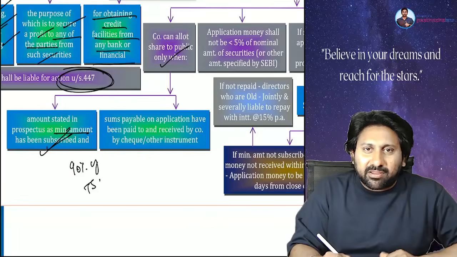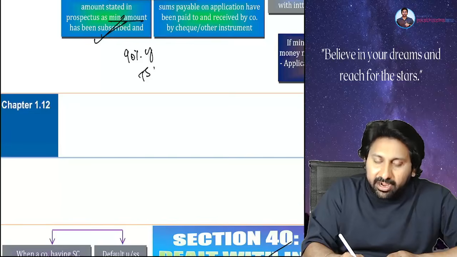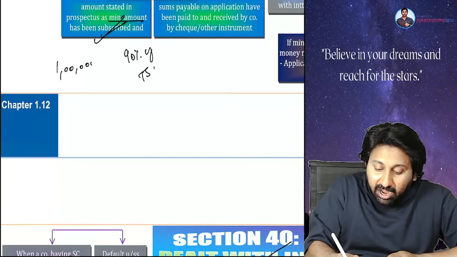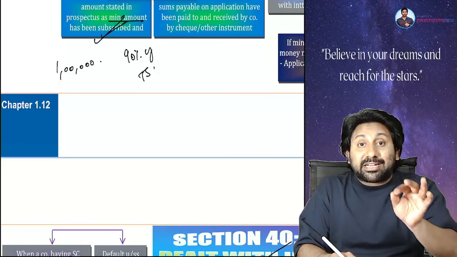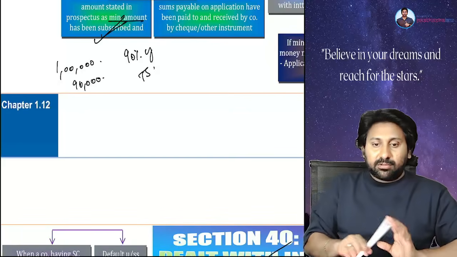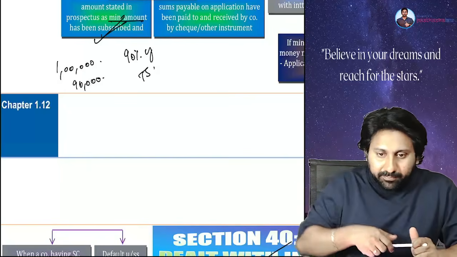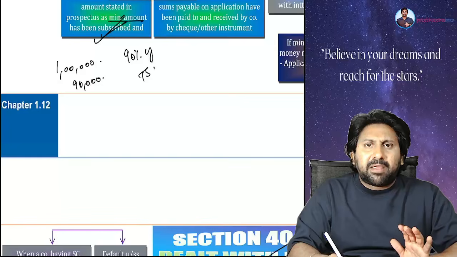Sir, what do you mean, sir? See, the company went for a public offer. They made 1 lakh shares available for subscription. The public should at least subscribe 90,000 shares. Understood, everyone? The amount for the 90,000 shares they don't pay immediately.